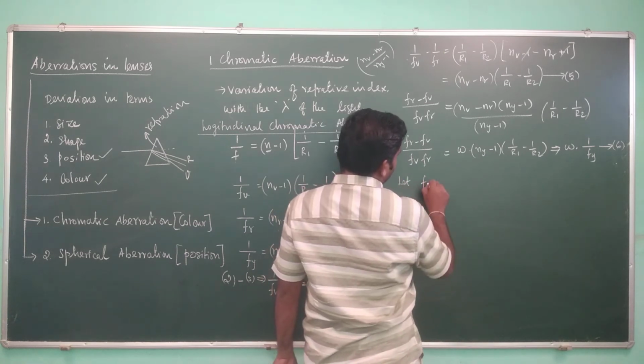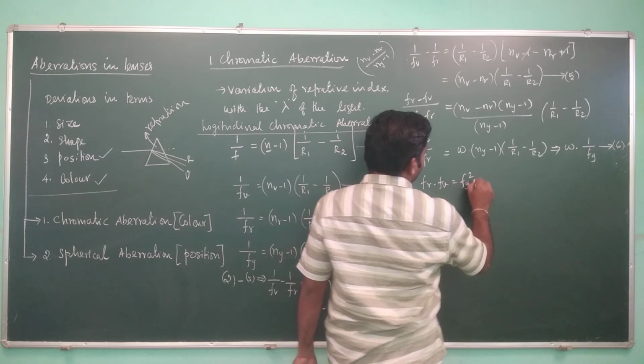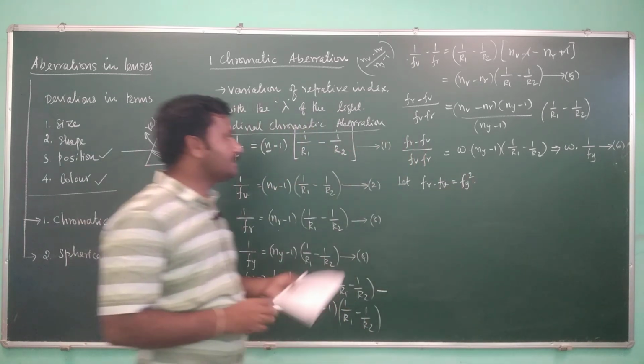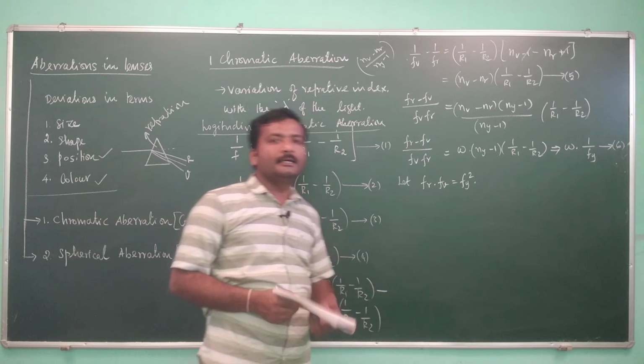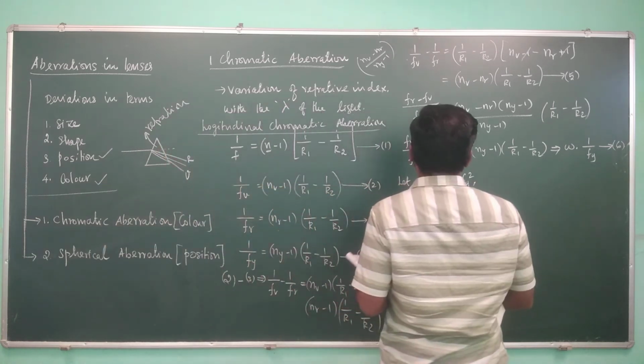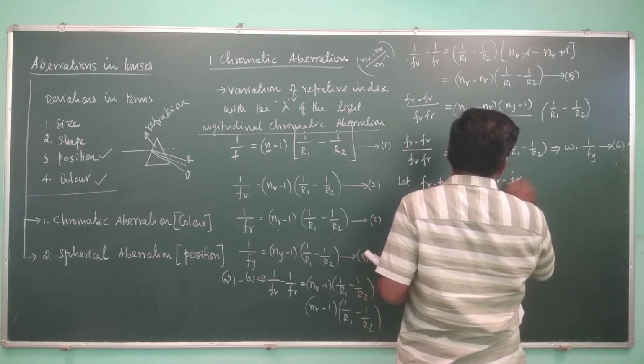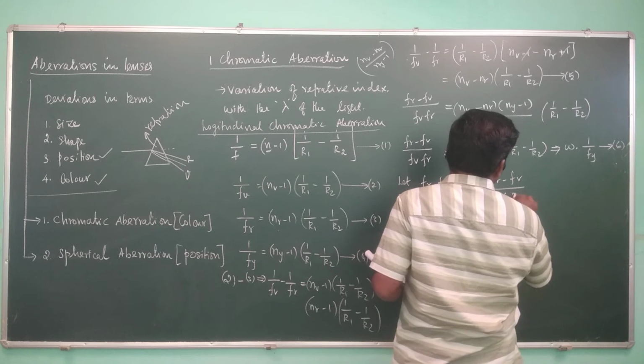Let Fr into Fv be equal to Fy square, where Fy is the mean focal length of red and violet color. If this is the case, then equation number 6 becomes (Fr minus Fv) by Fy square.